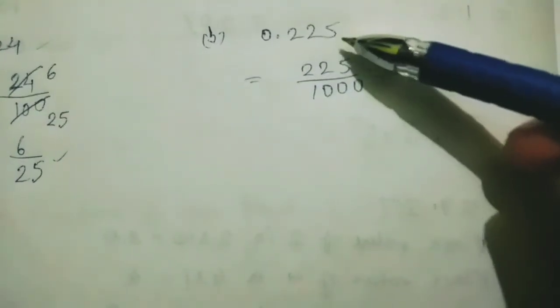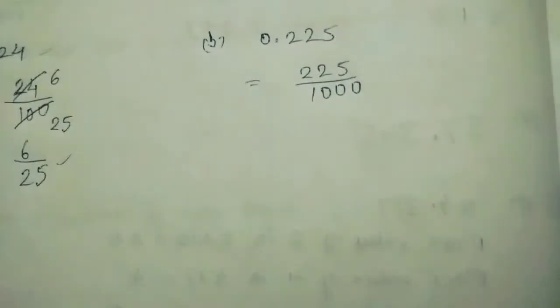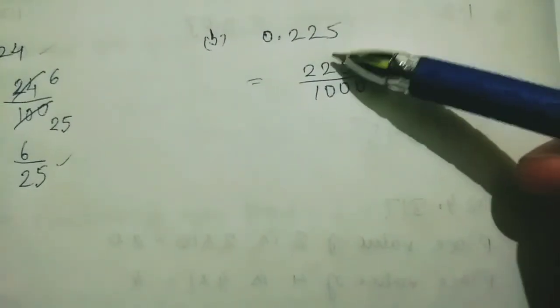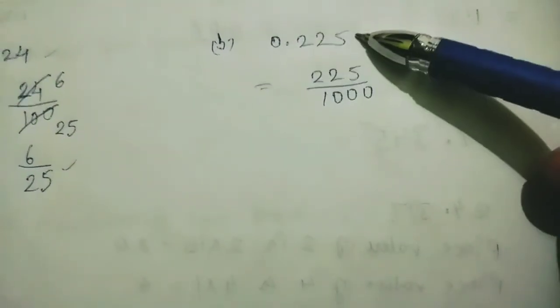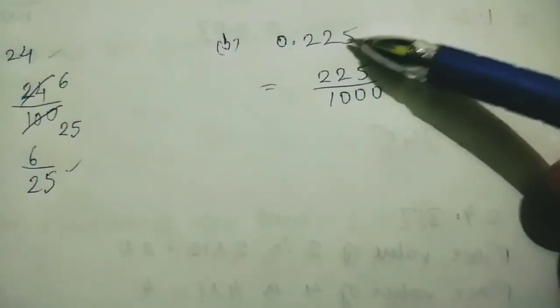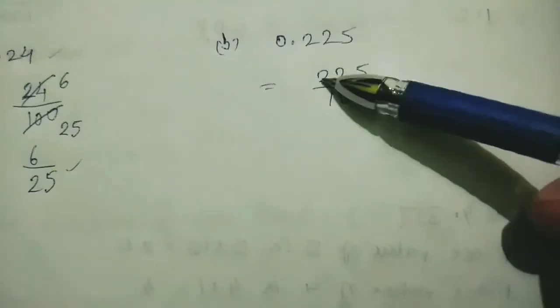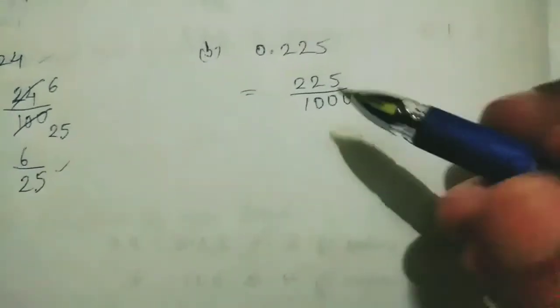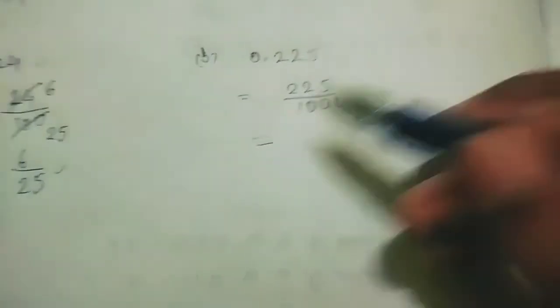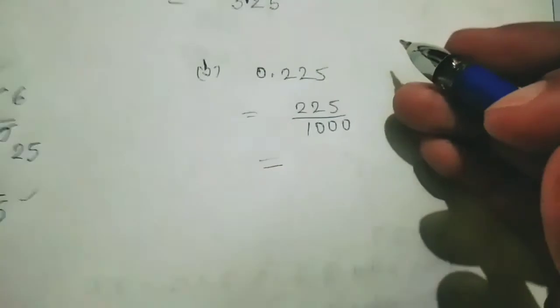Here you can see B number is 0.225. That means first of all in the numerator you have to write all the numbers, and in the denominator what will you write? Here after the decimal point there are 3 digits. That means there will be 3 zeros. That means 1000. So 225 by 1000. This is the fraction. Now you have to make it simple.